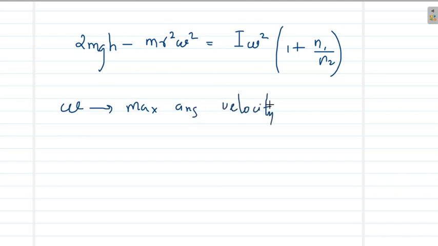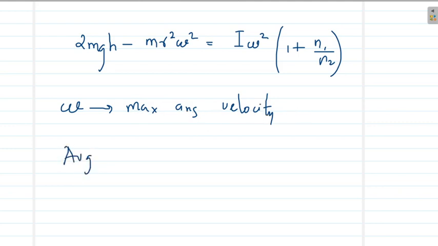That happens when the thread just detaches from this axle and the rotational kinetic energy of the whole system is at maximum point. From there, its rotational kinetic energy will slow down, will decrease. So omega is the maximum angular velocity of the system.